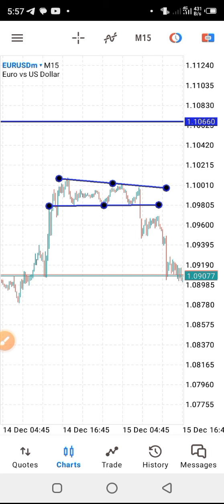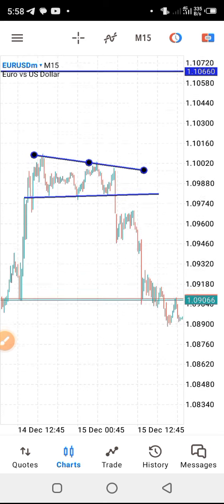So you can see how I'm doing it. I'm basically drawing a boundary around the region where there is kind of indecision. You don't know if the price wants to go up or if it wants to go down. So that's where you draw your boundary. Then you wait for price to decisively move in a particular direction, whether it's upwards or downwards. That gives you the idea of where price wants to go.